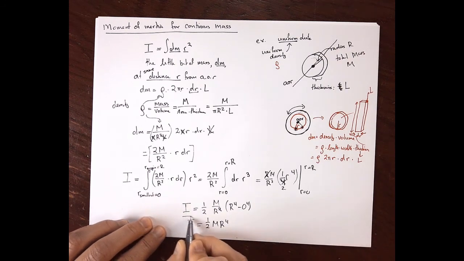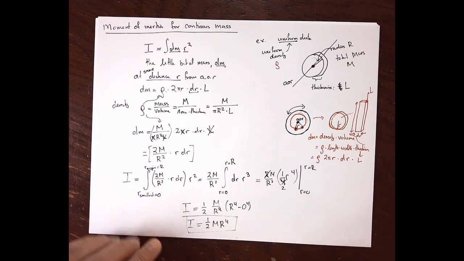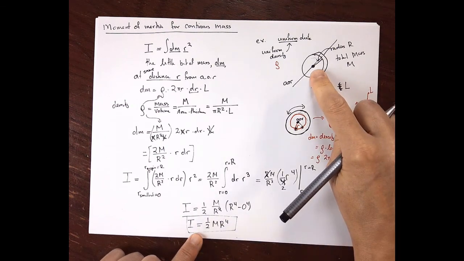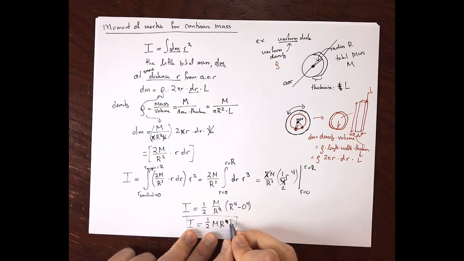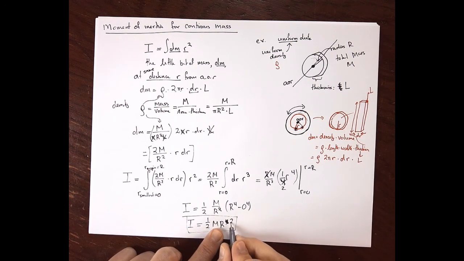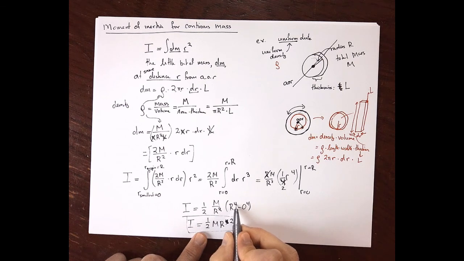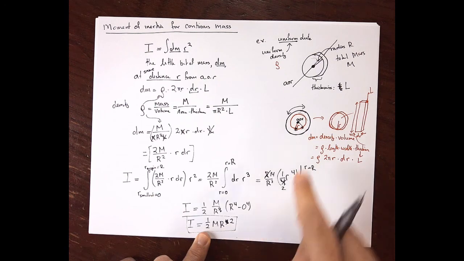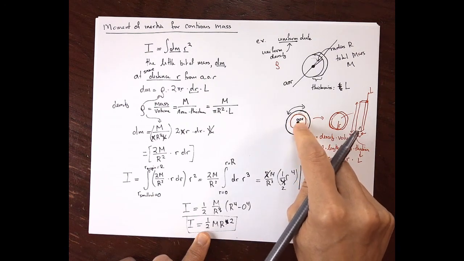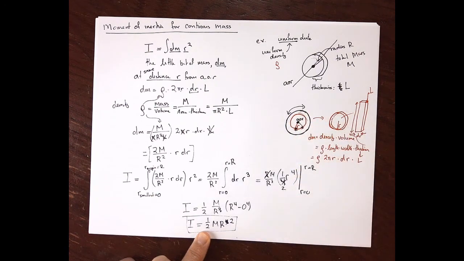And kind of as we said at the beginning, this is for a disk that we're rotating about the center like this. It should be less than the total mass times the total radius squared, because a lot of the mass is in closer than that total big R radius.